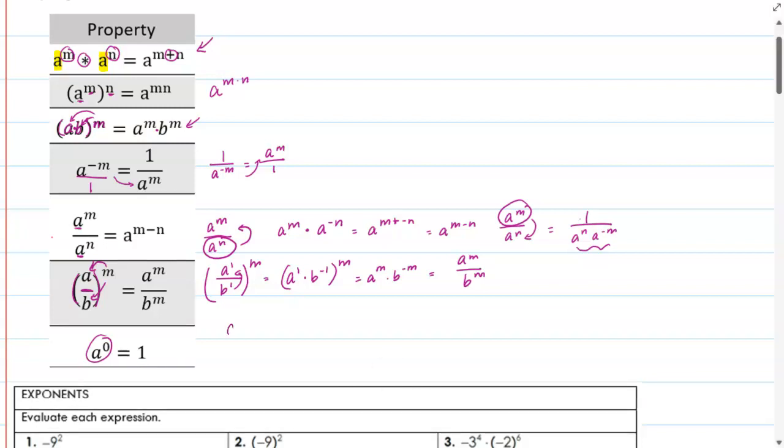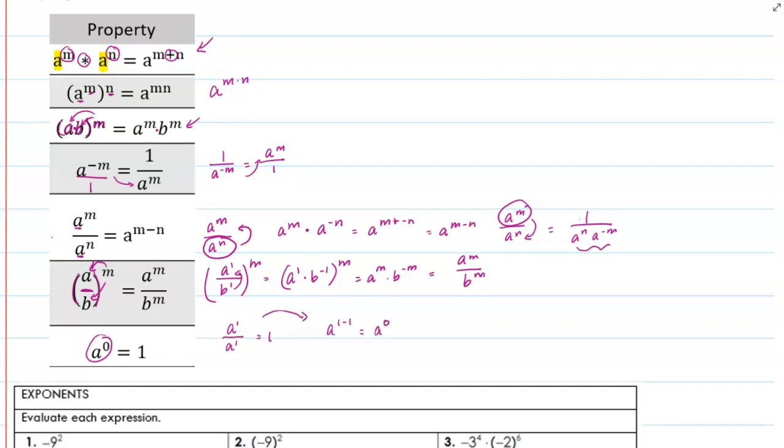So for example, if we had a to the 1 over a to the 1. Okay, so that means there's one a in the numerator and one a in the denominator. And what does that simplify as? As 1. Now, if I take this and I actually use one of the properties, it'll be 1 minus 1.